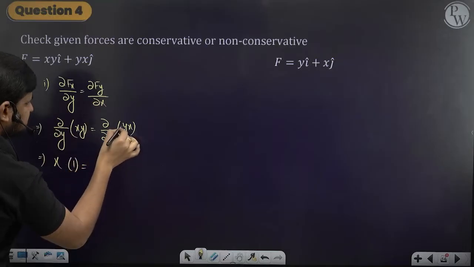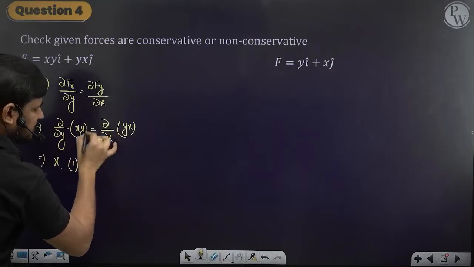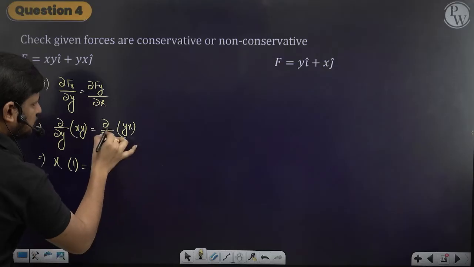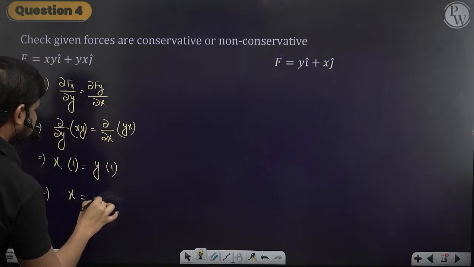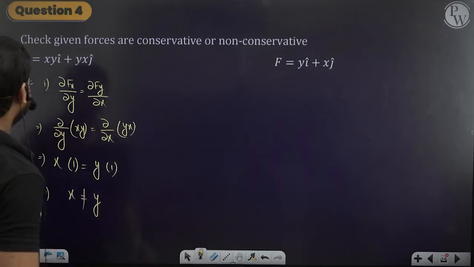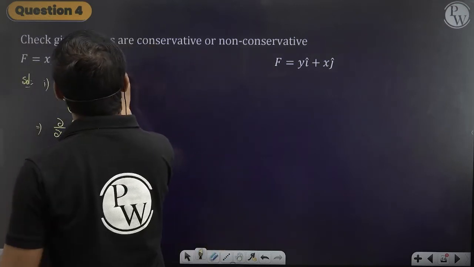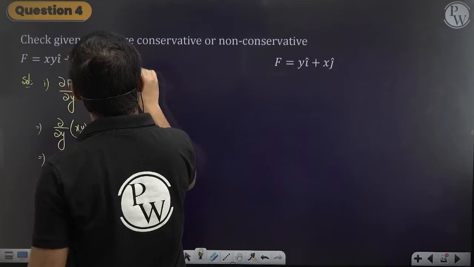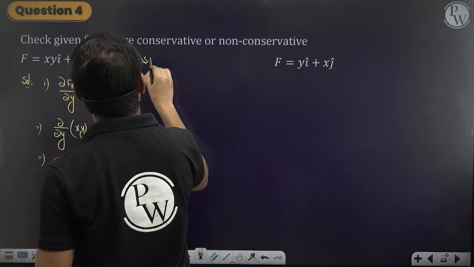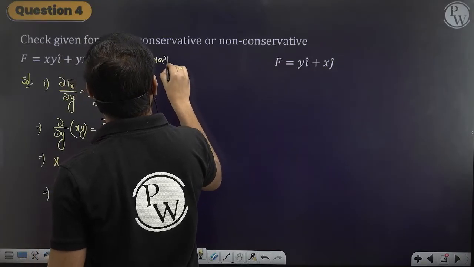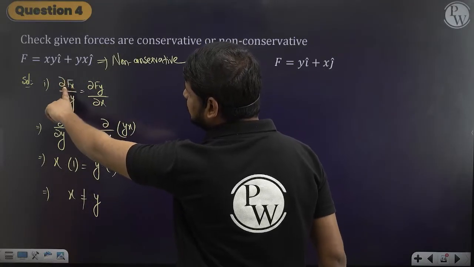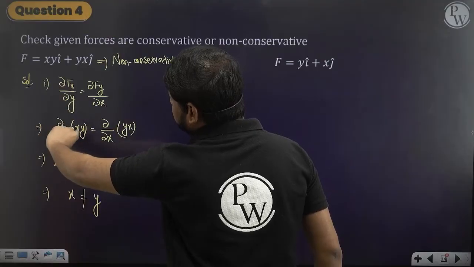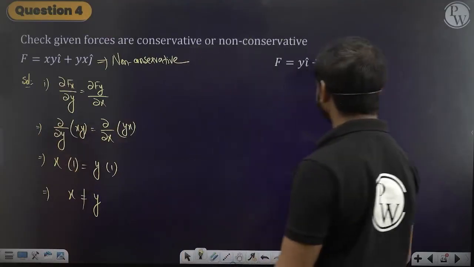This equals, with respect to x you are differentiating, y is a constant, take it out, and ∂x/∂x is 1. So x is not equal to y, therefore this is a non-conservative force. The first condition itself has failed, so that's why it's a non-conservative force. Yes or no? So we did it correctly, right? Fine, correct.